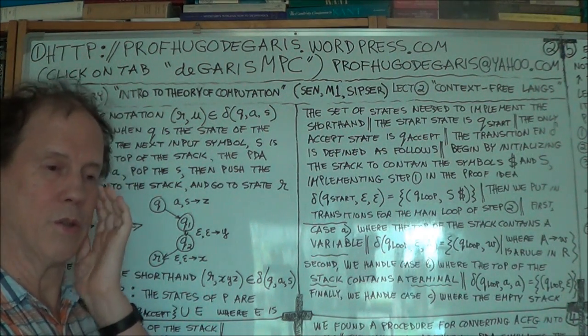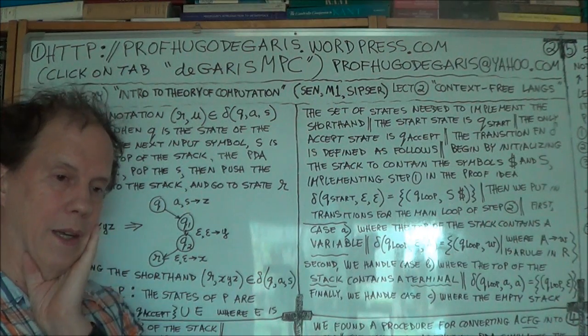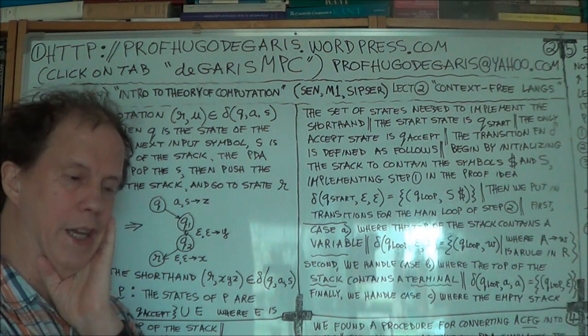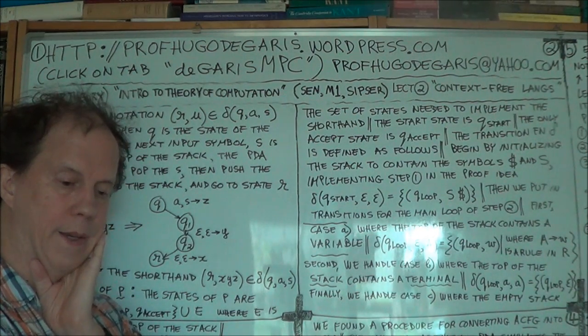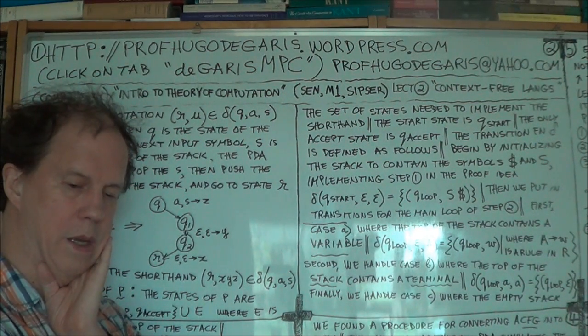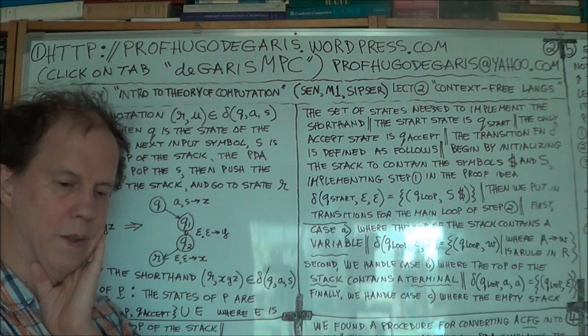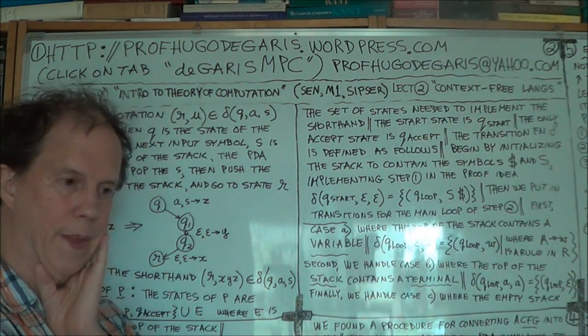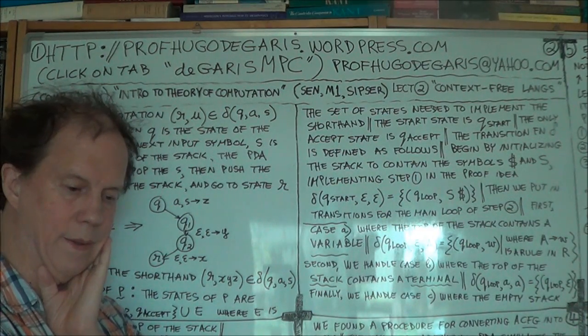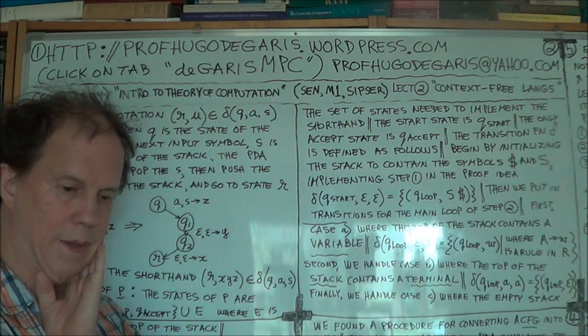We're trying to prove that you can construct a machine, a non-deterministic PDA, that can recognize the same set or class of languages as the grammars.